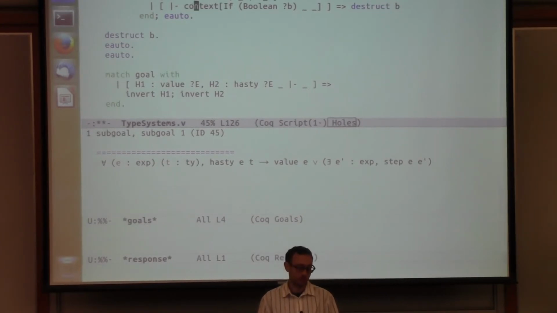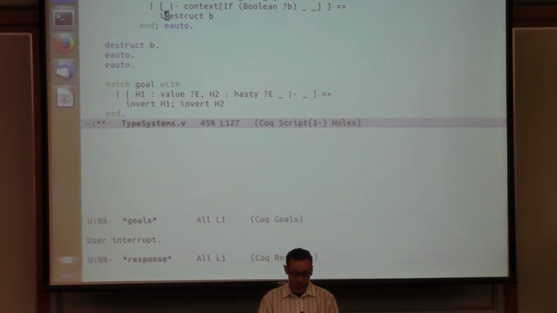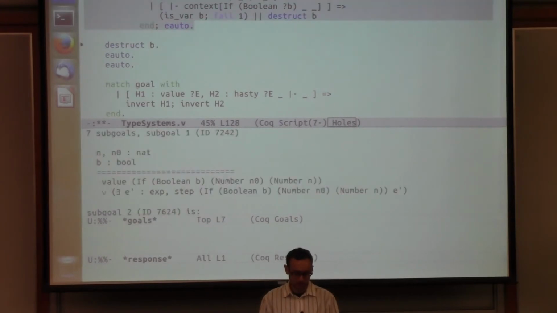And there's actually one important thing we need to do here, otherwise it loops forever, as it's doing right now. There are a few ways we can fix that. One of them is something like, if this is a variable, then fail or destruct. Is this going to work?